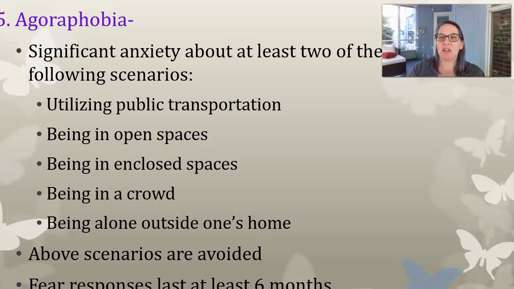The symptom is that they're afraid of what will happen if they do leave their house. Okay, the house is the safe spot. It's the home base. I know I'm safe here. I know none of these other things are going to happen to me if I just stay home. Okay, again, this fear response has to last at least 6 months to be diagnosed with agoraphobia.